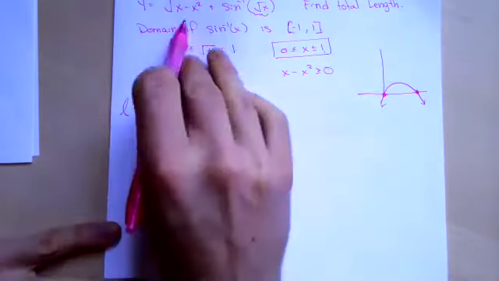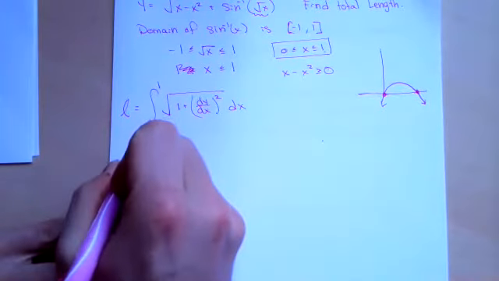Then we've got to square it. The function's a little messy, so let's go through the computations. Let's see what we get.